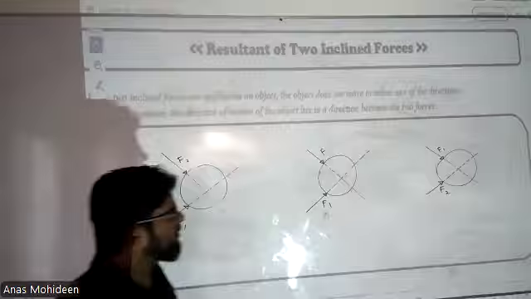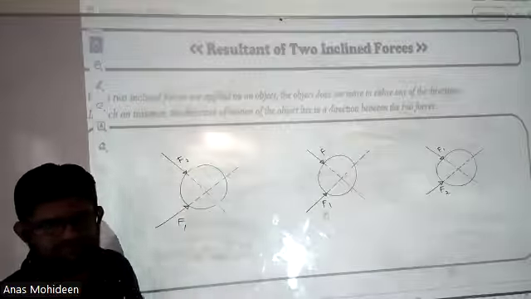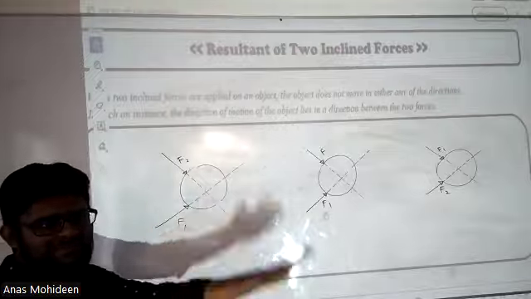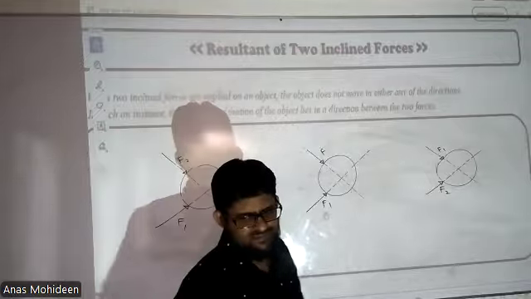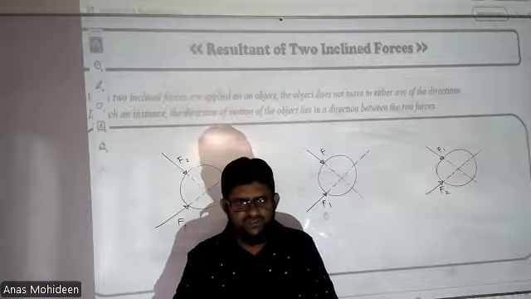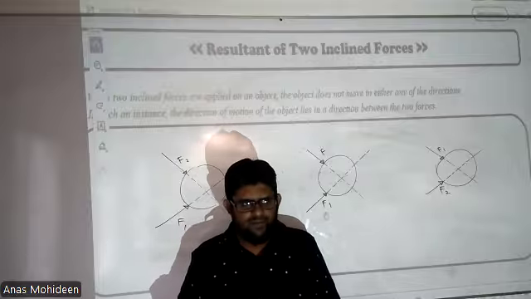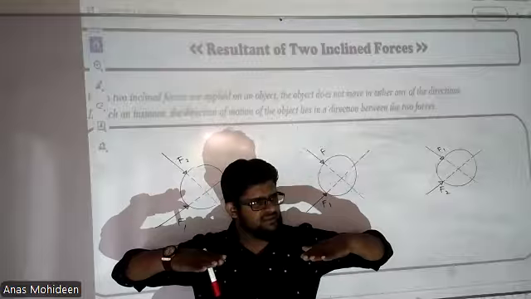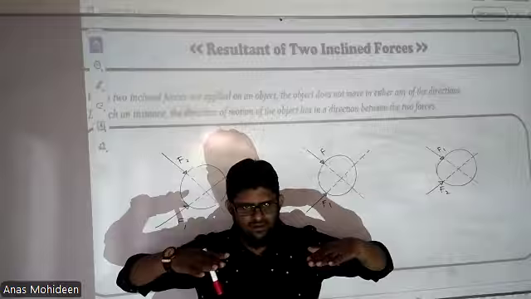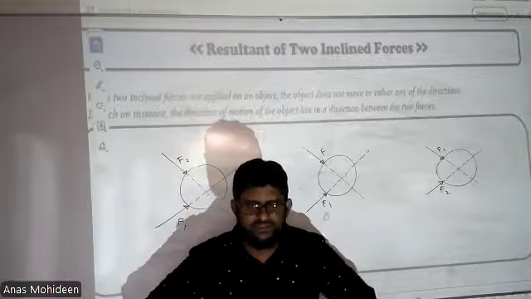Now, no calculations are going to be done. What we do here is find out the direction. So it's something like this. This is the object. Now to this object, I'm going to give forces at an angle like this. When I give forces at an angle, what would happen? The object would be moving straight.